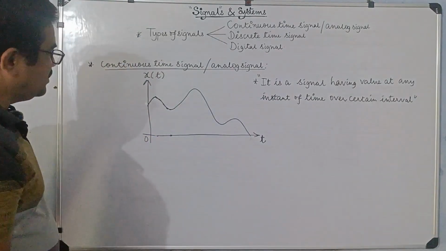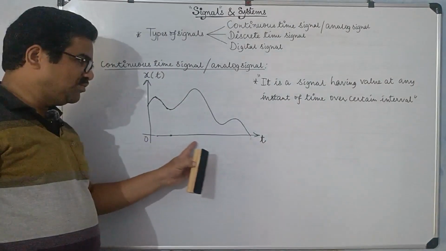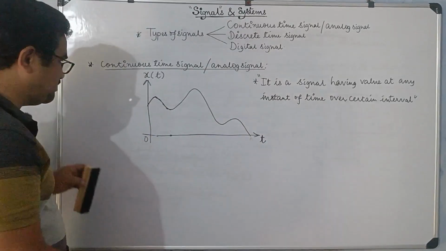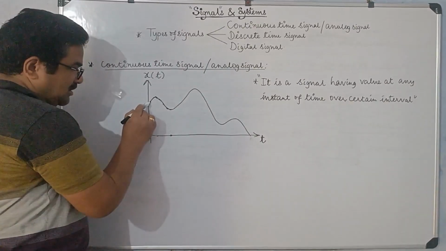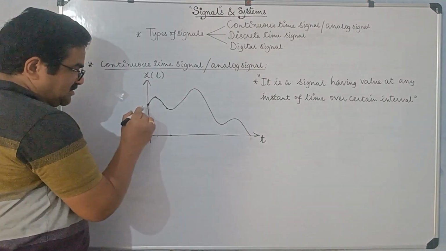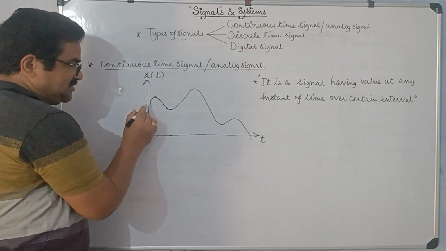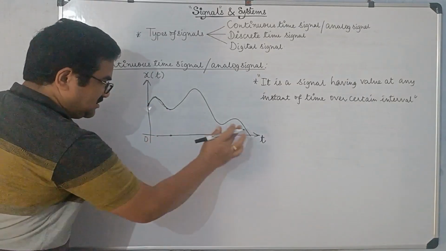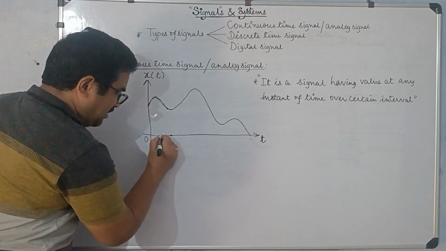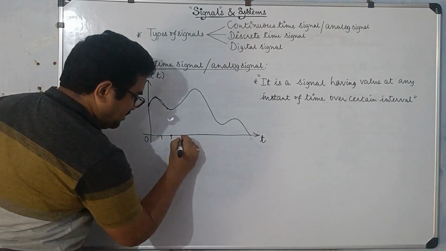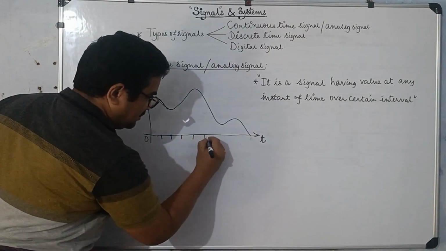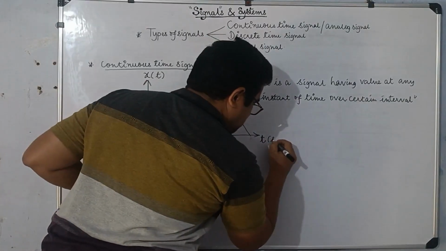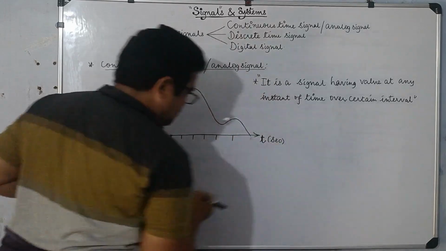Now, an analog signal is continuous both in time as well as in amplitude. That is, my amplitude is changing continuously. You can see the value of this amplitude is changing continuously. For example, if I take this as my time axis, these are the different instants of time. As you know, the unit of time is seconds.